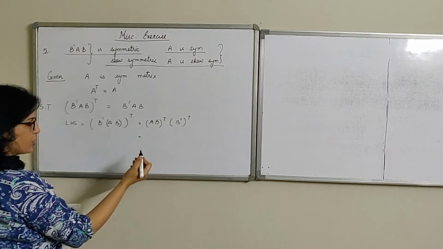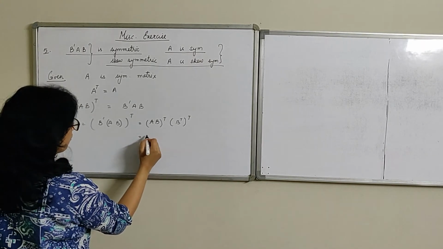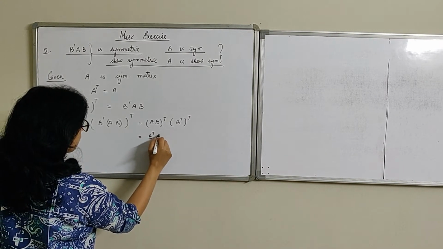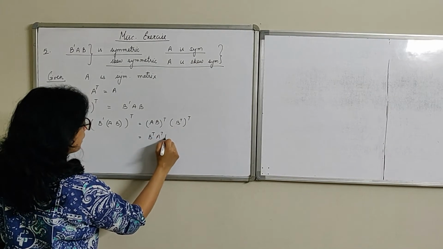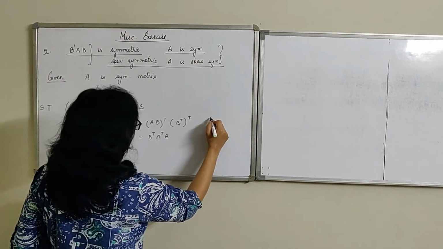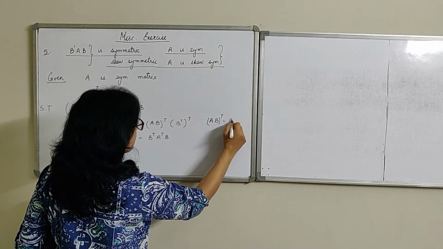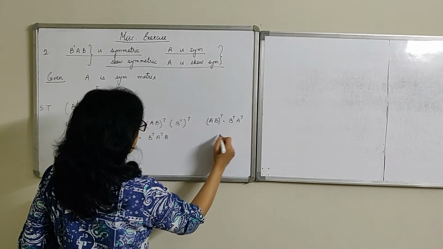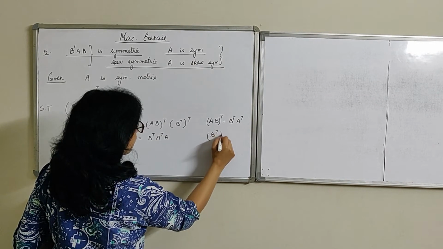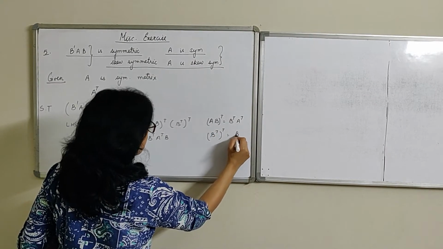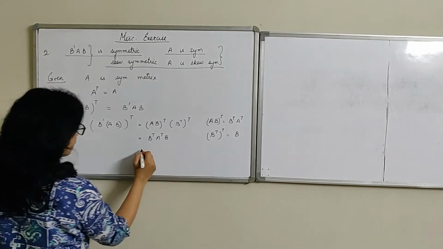Using the property of transpose of matrices, for the product of matrices it is B transpose, A transpose into this. We have basically used these results: (AB) transpose is B transpose into A transpose, and transpose of a transpose matrix is the matrix itself. So these results we have used here.